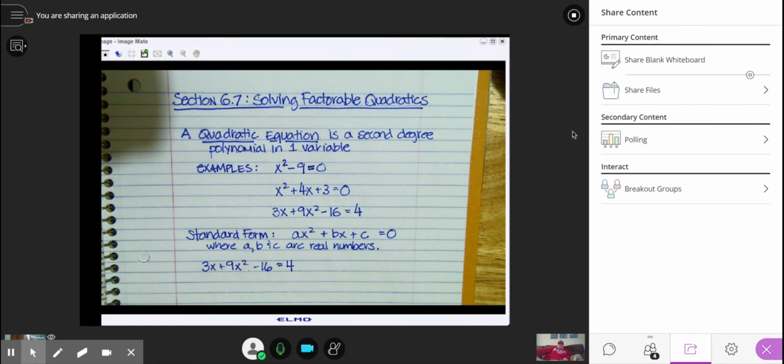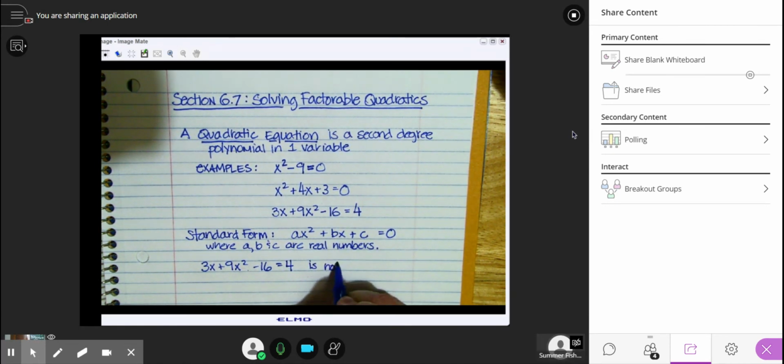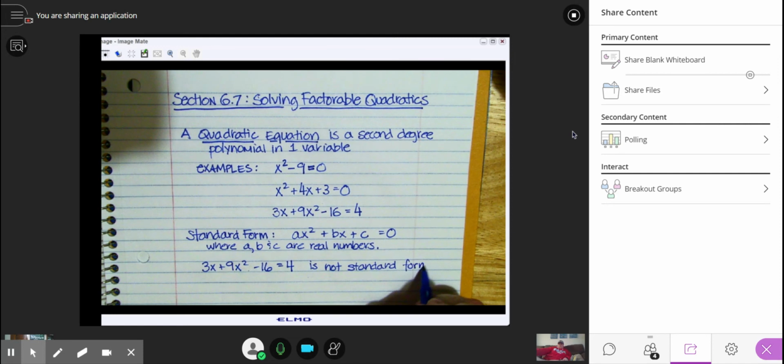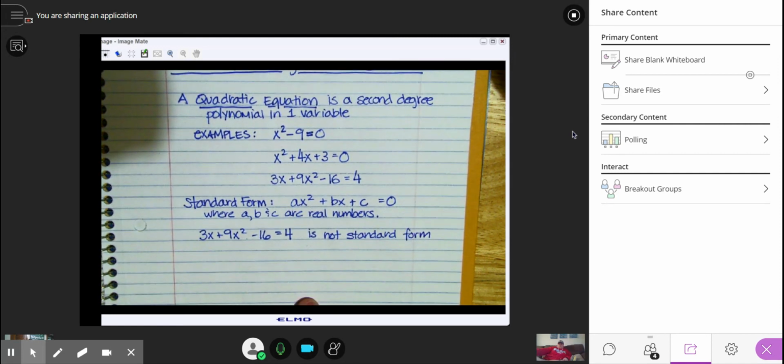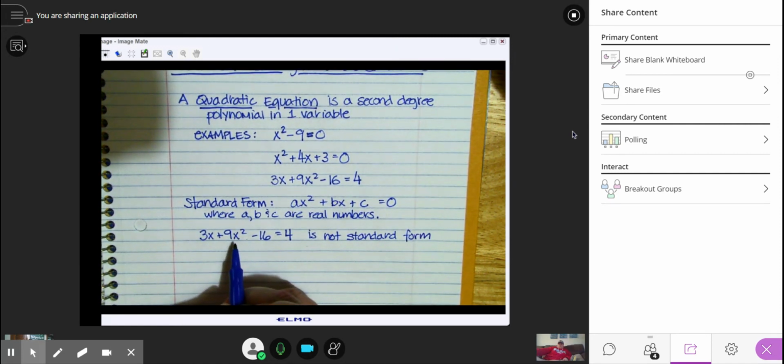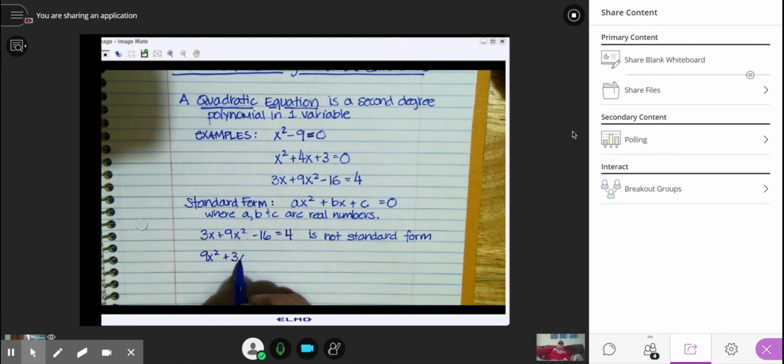If I wanted to move this to standard form, what I would do is first of all get these 2 in order, right?